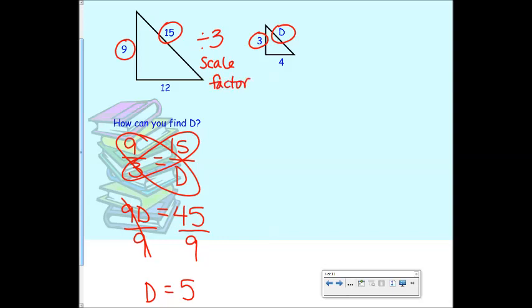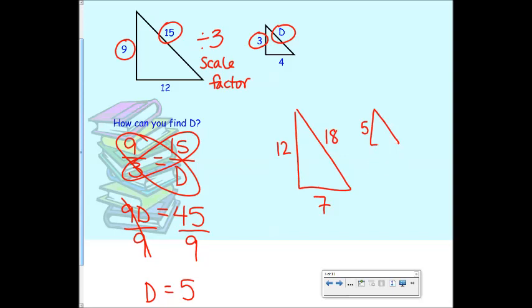Now, how many people think this is shorter? It is, it's definitely shorter. I consistently will set up proportions because this one worked out really neatly, right? But what if it were like this? Or what if it were like this?